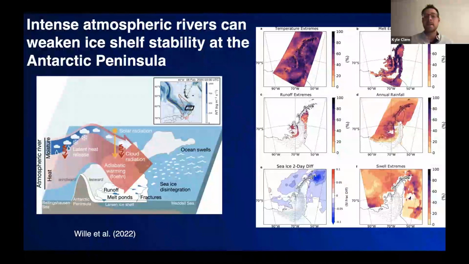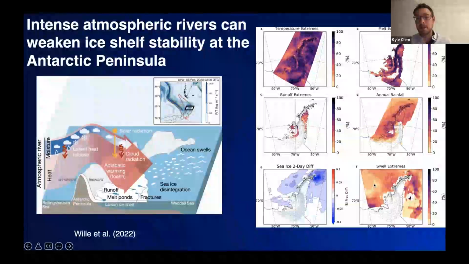So how much of this area was occupied by extreme melt, extreme temperatures, extreme swells during intense atmospheric rivers. And what Jonathan did very well was showing that intense atmospheric rivers lead to extreme aspects of all mechanisms that can weaken ice shelves.